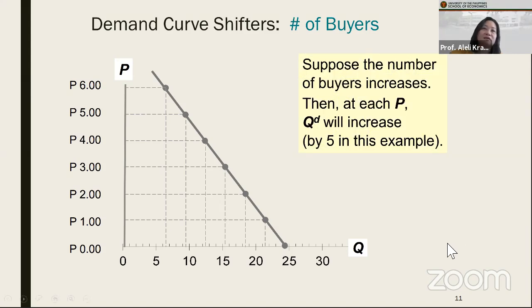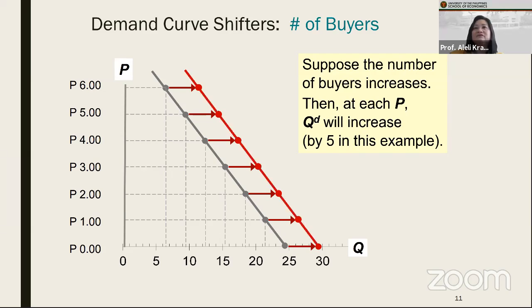So for instance, that particular buyer would, at, let's say, 1 peso, demand 5 units of siopao, and therefore you would have a shift in the demand curve to the right. So now you have this new demand curve that is due to the increase in the number of buyers.